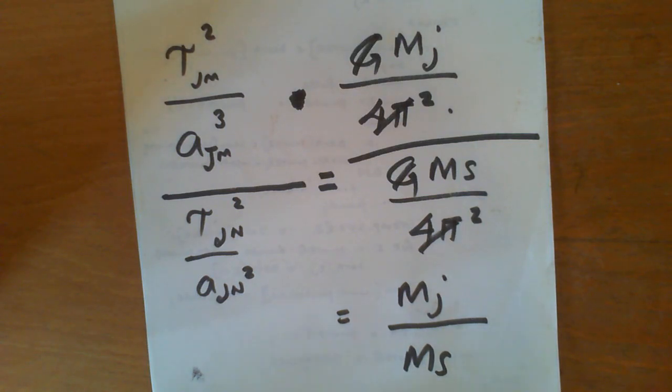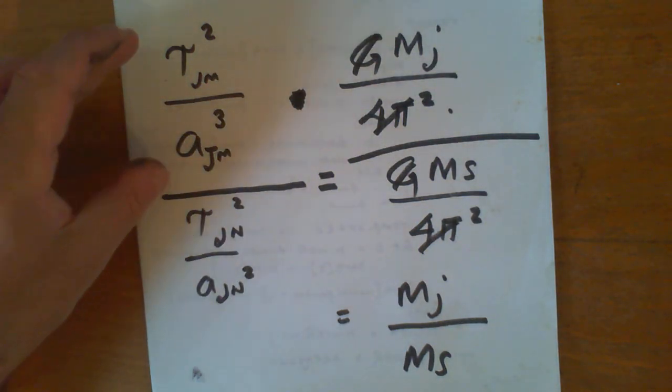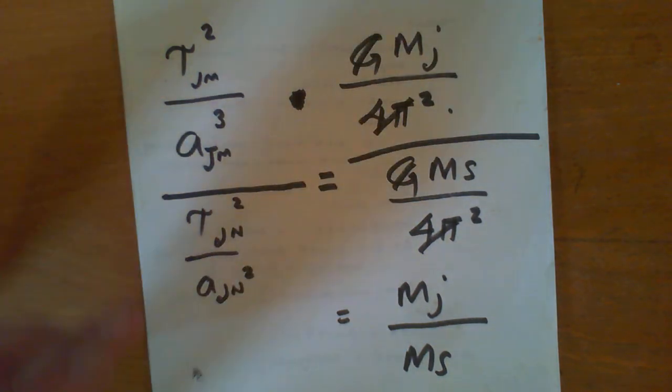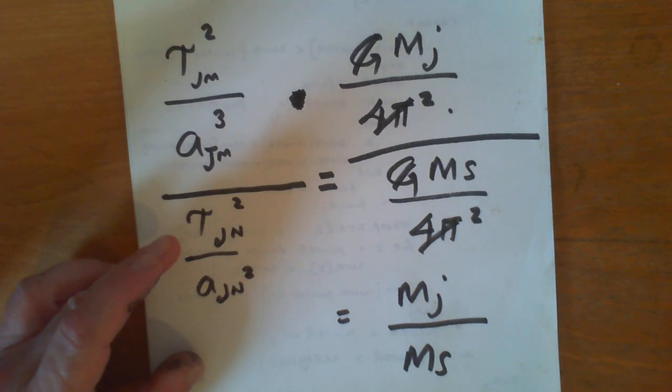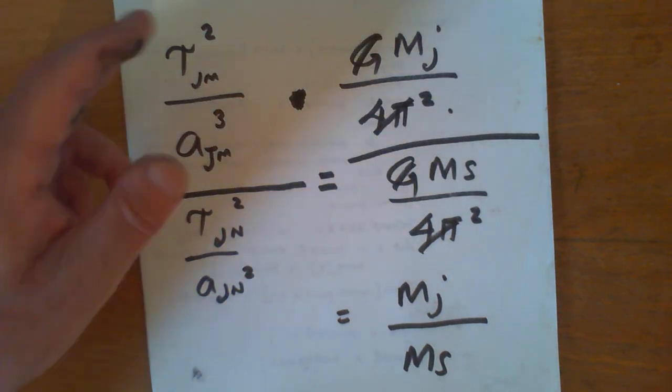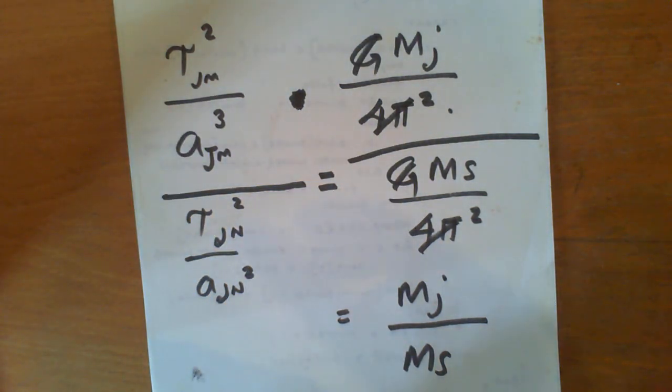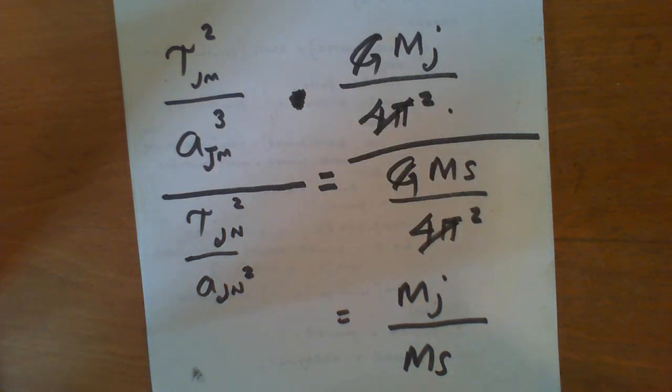So you can see what I've done here. I've used Kepler's third law for individual satellites. I've got the ratio for an individual satellite of Jupiter, the ratio for an individual satellite of Neptune, and then carrying out this division, I can actually work out what the ratio is of the mass of the planet Jupiter itself to the mass of the planet Saturn itself.